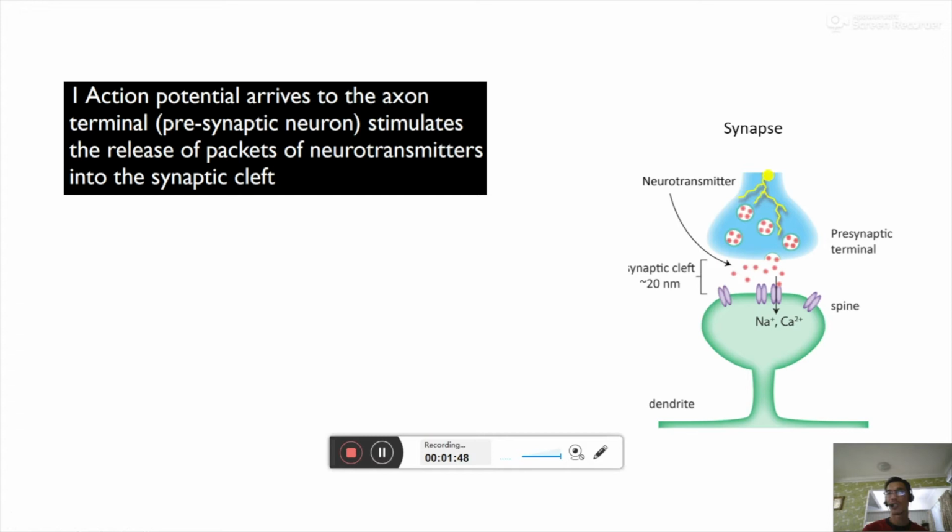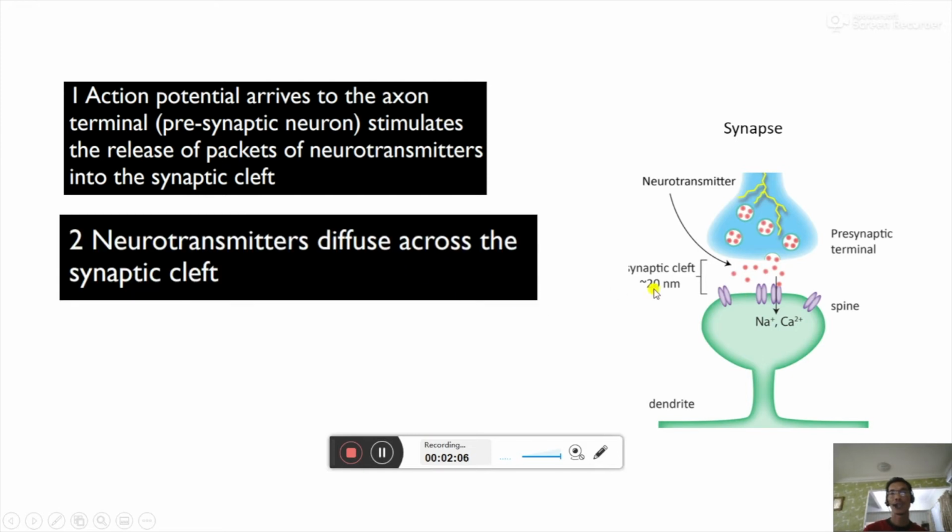The electrical signal comes here, stimulates the synaptic cleft and produces neurotransmitter, and the neurotransmitter diffuses across the synaptic cleft. It reacts in a way that opens some window so that some chemical can go in and out.